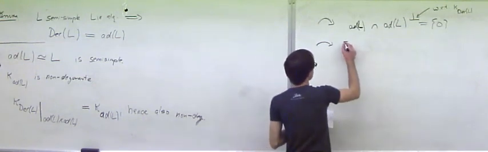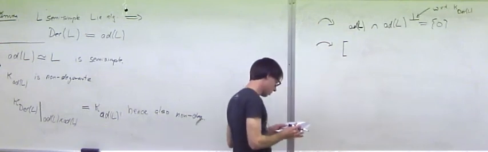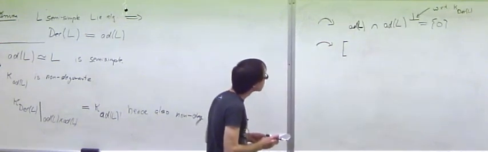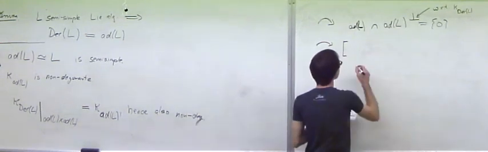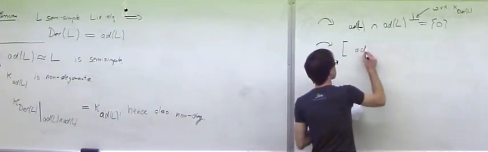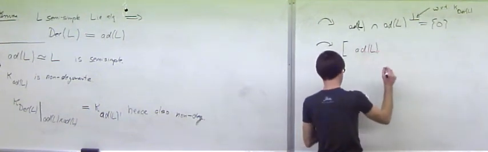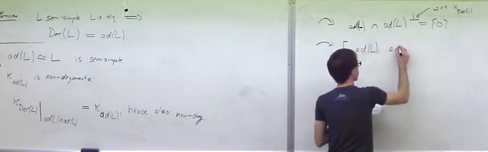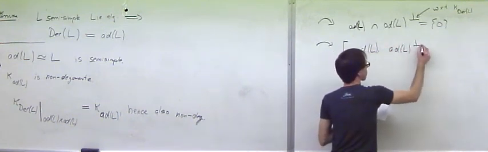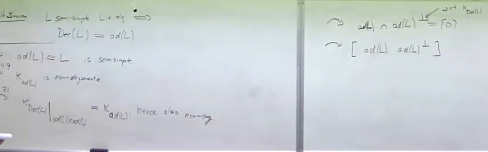So let's compute the following thing. Okay, so that orthogonal space is taken in the bigger space, the Lie algebra of derivations of L. Yes, exactly.